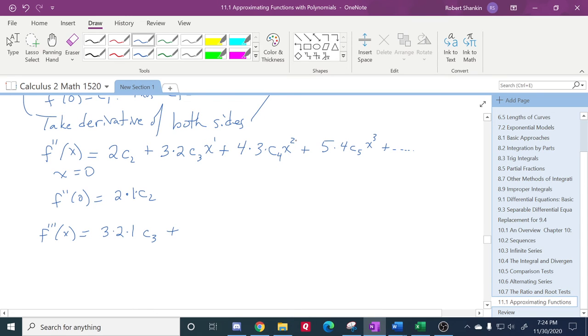Plus this 2 shows up right here. This 3 is going to show up here. And then we set x equal to 0. Everything is going to disappear. 3 times 2 times 1 is 3 factorial.